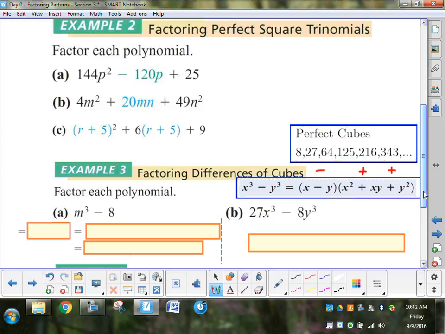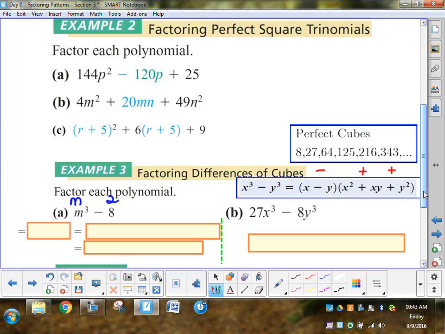Are these perfect cubes? And the answer would be yeah. What times itself 3 times gives me m cubed? M. What times itself 3 times gives me an 8? And that's a 2. So I always ask that you list them out, at least in the beginning, list them out above the terms, because when we're talking about left and right, this right here is the left, and this is the right.